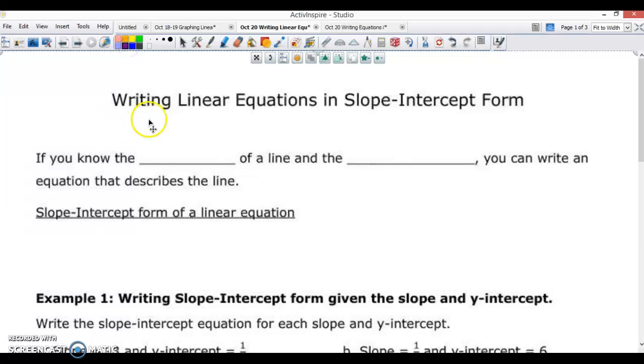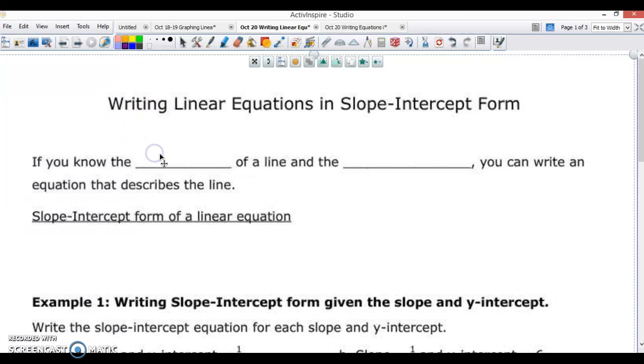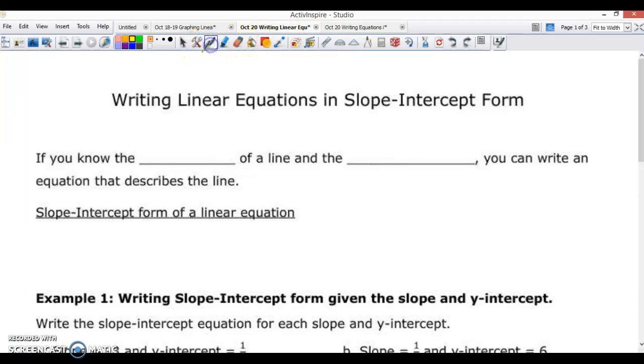If you know the slope of a line and the y-intercept, you can write an equation that describes the line.